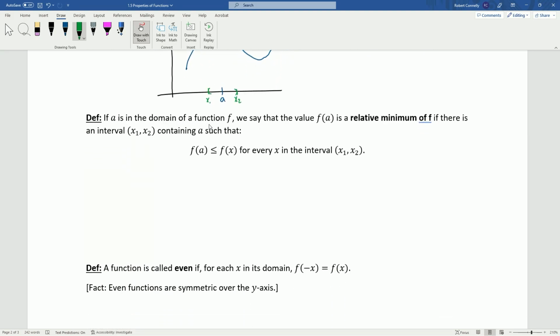Similarly, if a is in the domain of a function, we say that the value f of a is a relative minimum of f if there's an interval x1 to x2 containing a, such that f of a is less than or equal to f of x for every x in that interval.